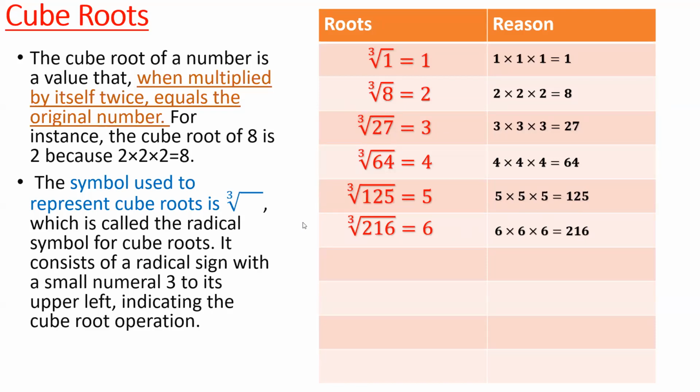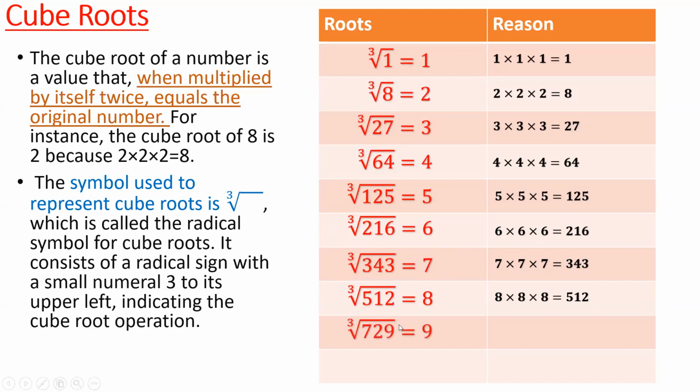Then we have the cube root of 343, and that's definitely 7, because 7 times 7 times 7 is 343. Then the cube root of 512 is 8, because 8 times 8 times 8 is 512. Then the cube root of 729 is 9, because 9 times 9 times 9 is 729.